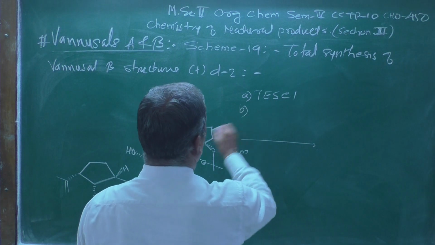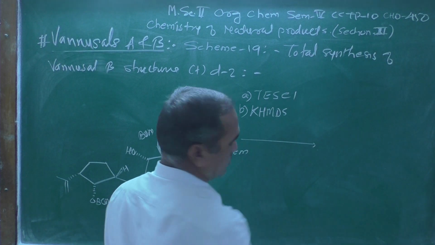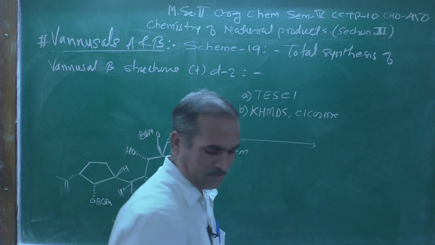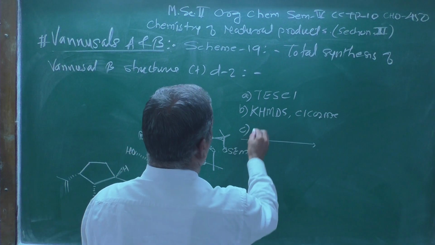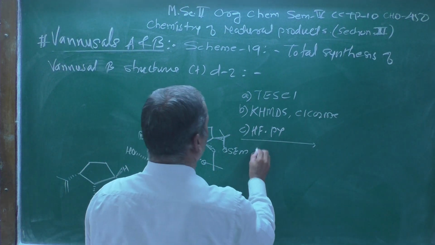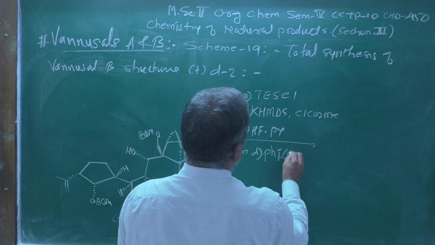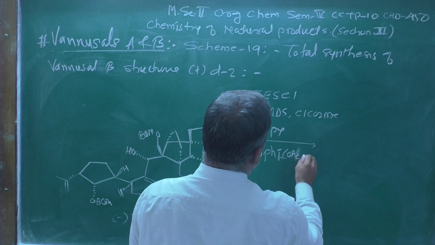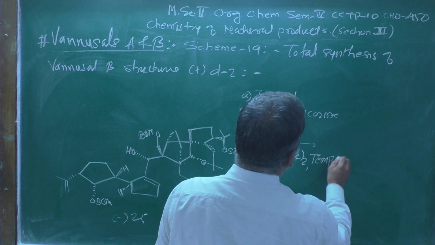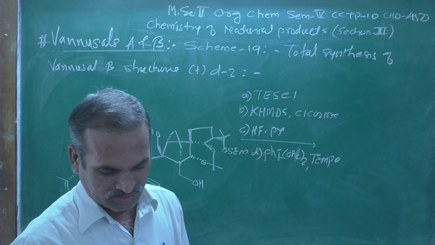Then for B, the reagent will be KHMDS, followed by ClCO2Me, and after that C will be HF and pyridine, and D reagent will be this one: Cu(OAc)2 and TEMPO, and the structure of TEMPO and its full form we already learned.